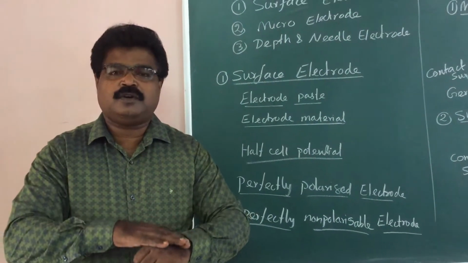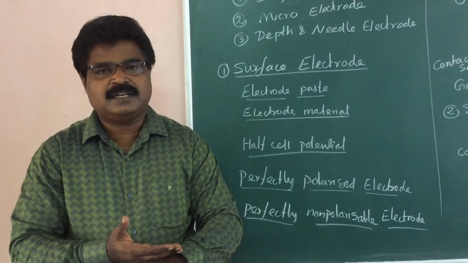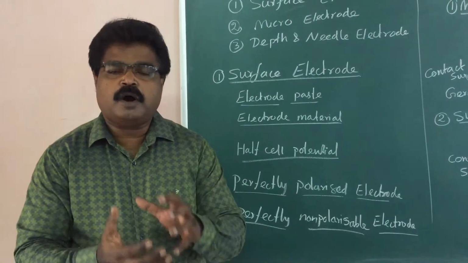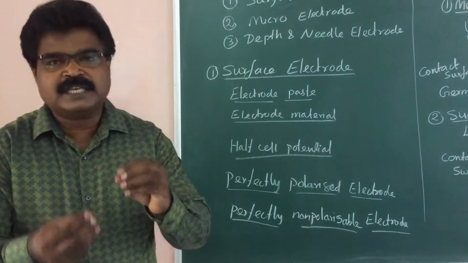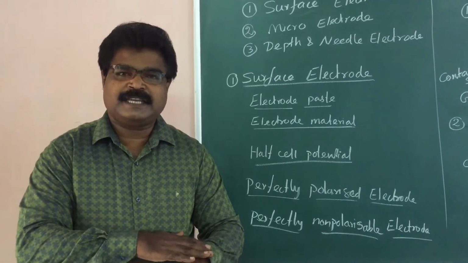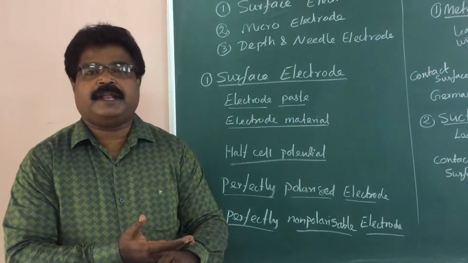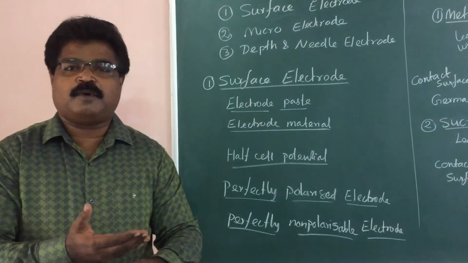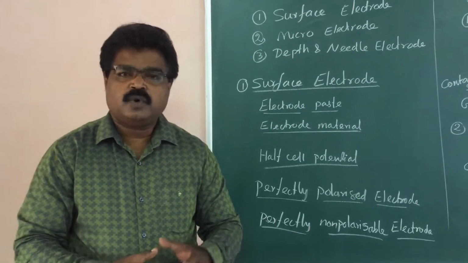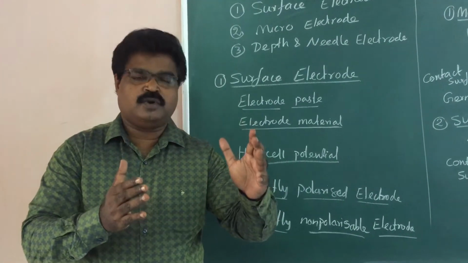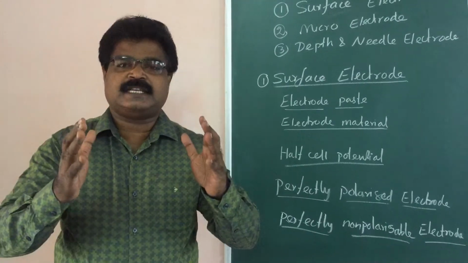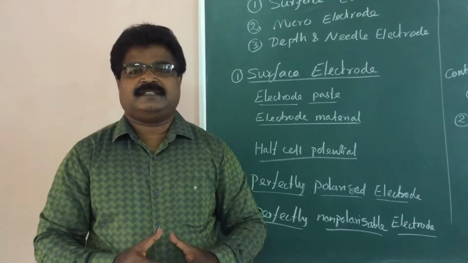In a surface electrode, under the electrode paste there is the electrolyte. What is the electrolyte? The body fluid present below the skin. You place the electrode paste, then the skin, and under that are the body fluids. So this interface, electrode paste and electrolyte, will act like a battery.